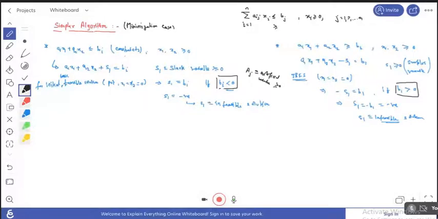The first one is the two-phase method, and the second one is the big M method. Let us start with the big M method first, and then we go to the two-phase method.